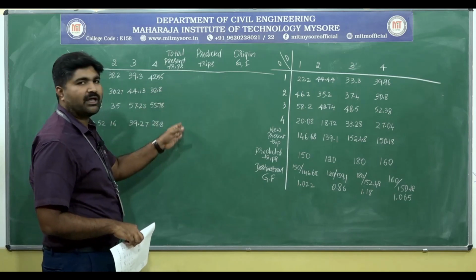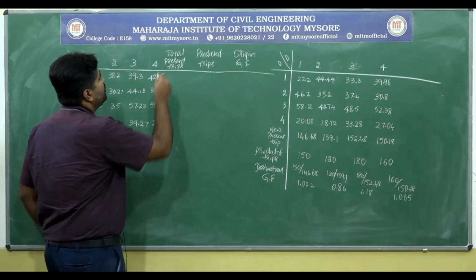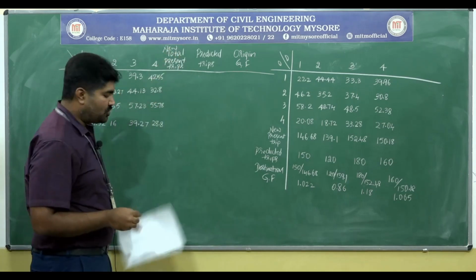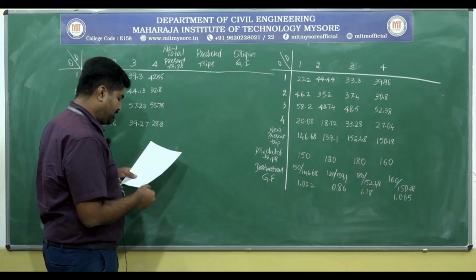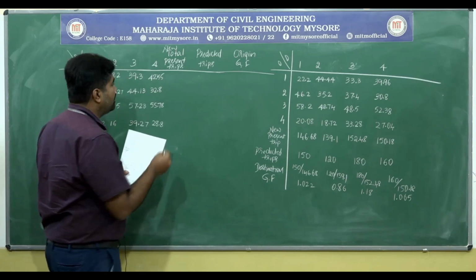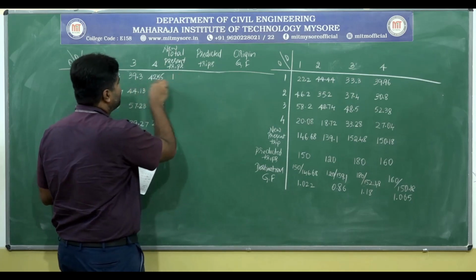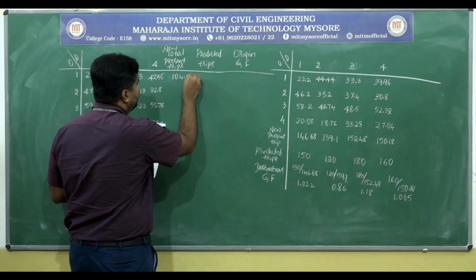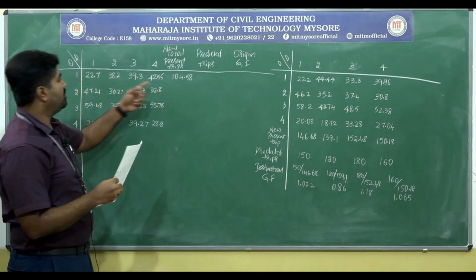So find this, the new total of present trips. By adding this row, you will get 104.58.